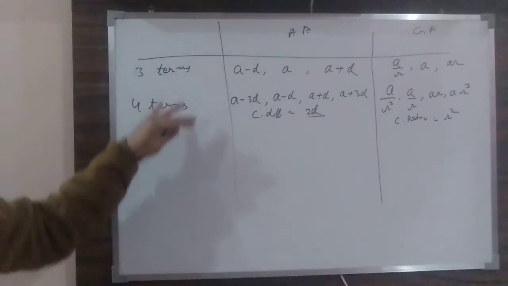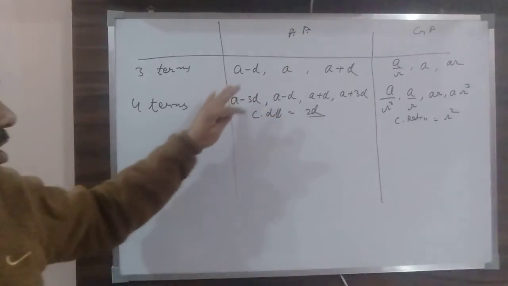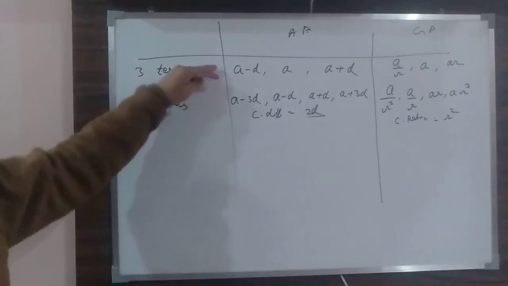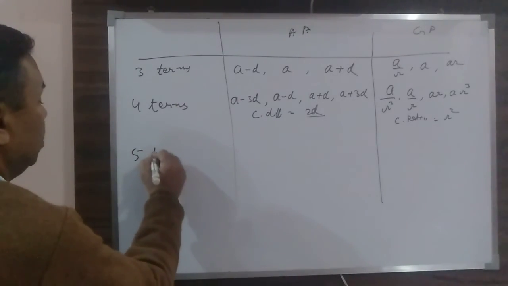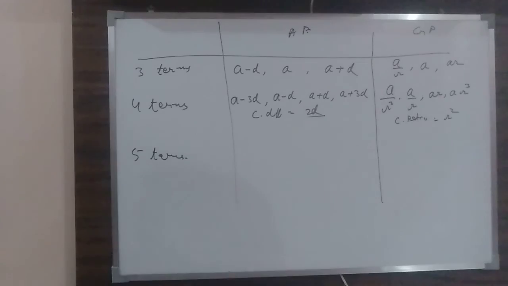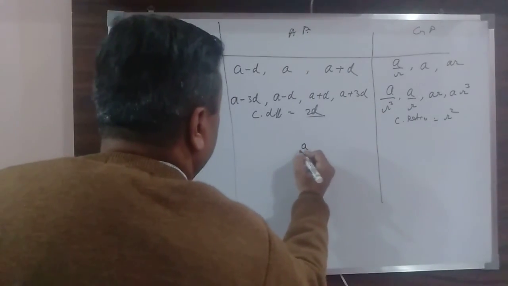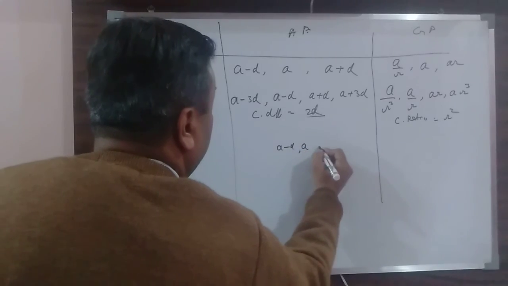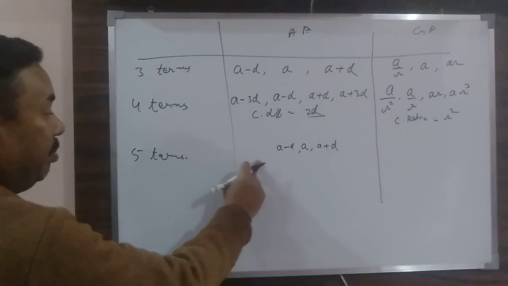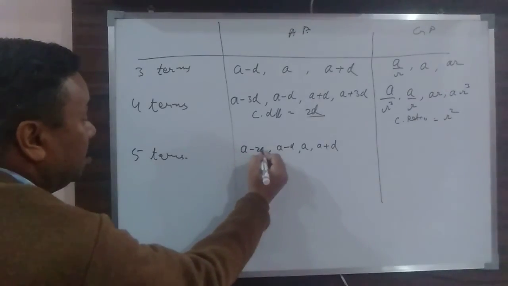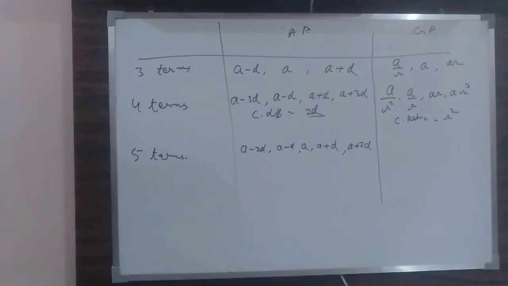Now just go on increasing the number of terms. If you keep on increasing the number of terms, just you see these two only will be added. For example, if you are given 5 terms, okay, what I will do, I will just take these 3 terms in the middle, a minus d, a, and a plus d. Okay, then one term previous to this, that is a minus 2d, and one term after this, a plus 2d.